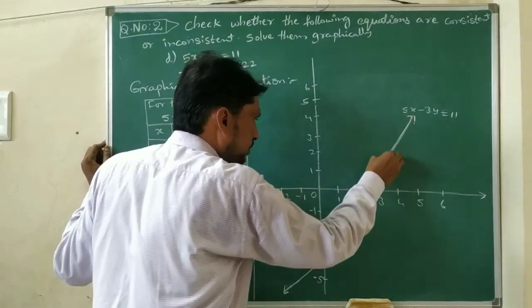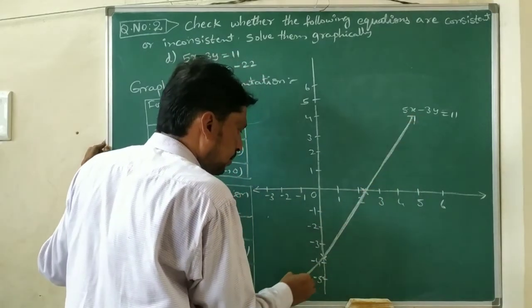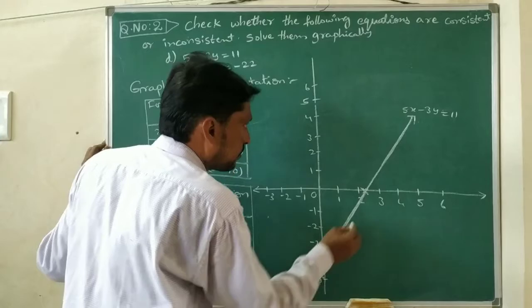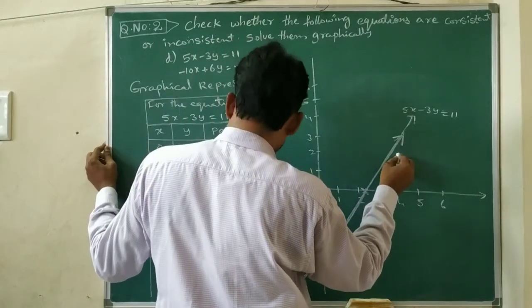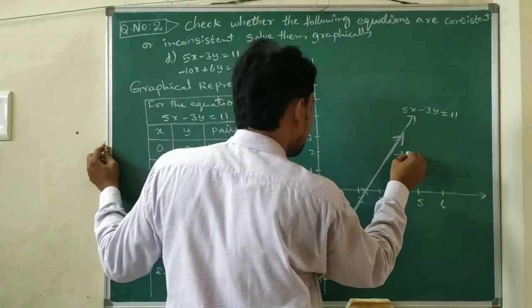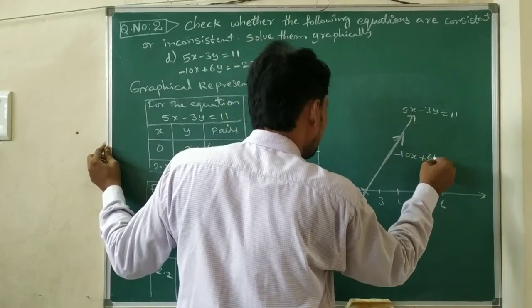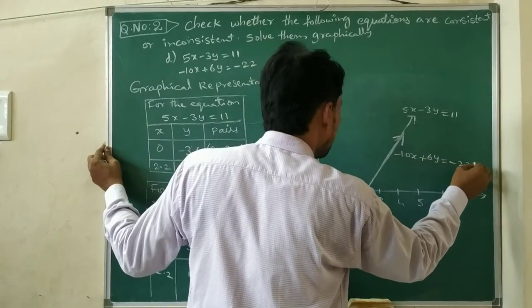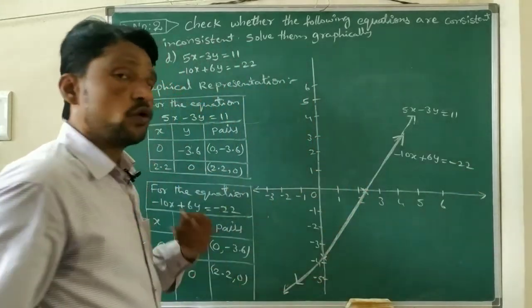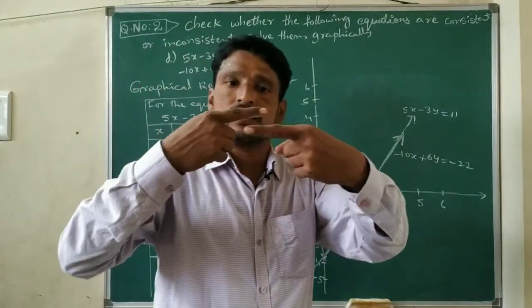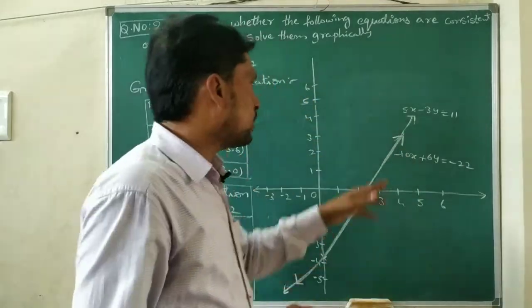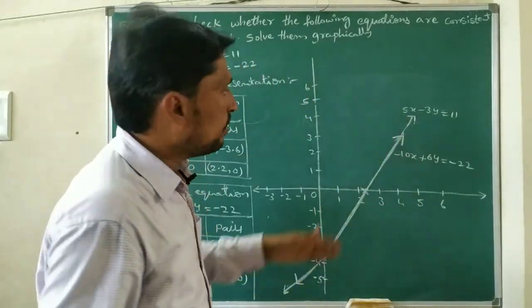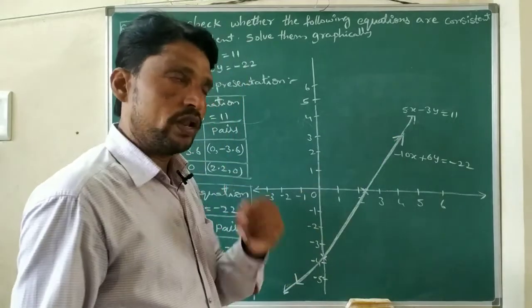So that equation becomes the same equation only. This equation is minus 10x plus 6y equal to minus 22. So both are coincident, means one upon one, like this. So one line upon one line. So it is looking as only one line in this, but here we have the two lines.